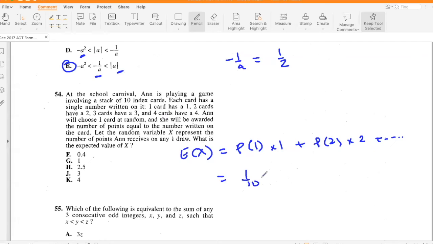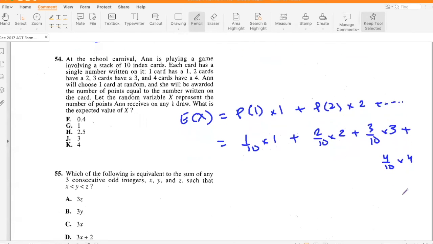So 1 on 10 into 1, 2 on 10 into 2, plus 3 on 10 into 3, plus 4 on 10 into 4. So that becomes 1 on 10 plus 4 on 10 plus 9 on 10 plus 16 on 10. So 9 plus 4 is 13, plus 1 is 14. 14 plus 16 is 30 on 10. So the expected value is 3.